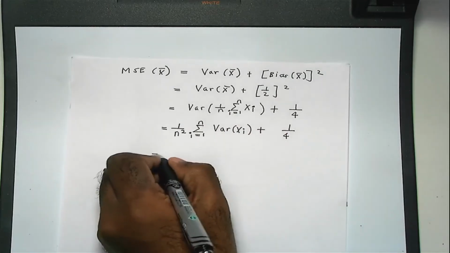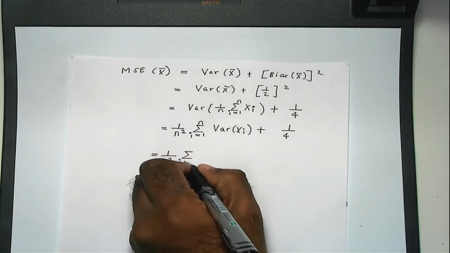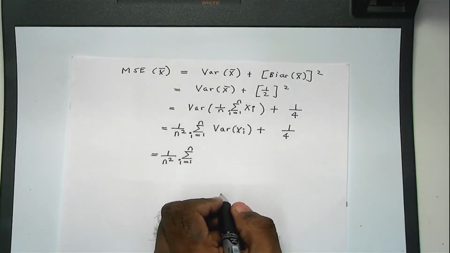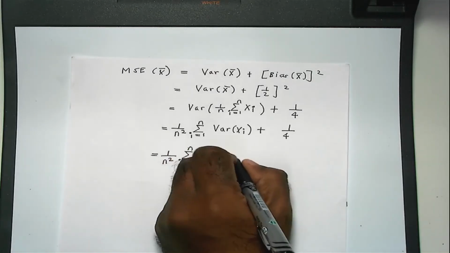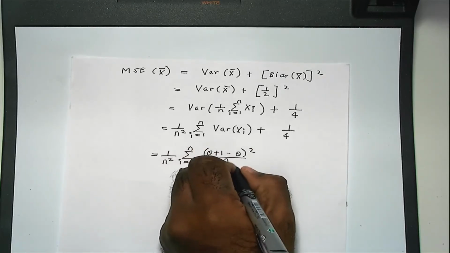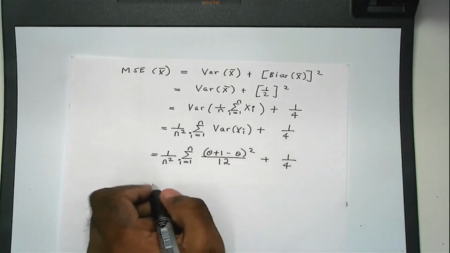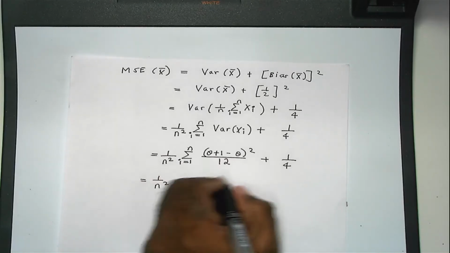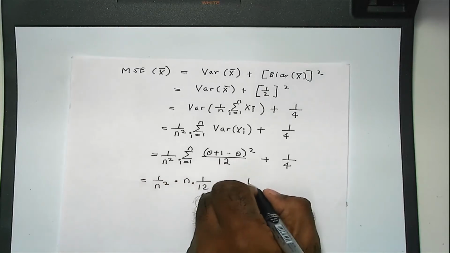Now you may recall the formula for the variance of a uniform distribution is b minus a squared divided by 12. So in this case, your b is theta plus 1 minus a is theta. Okay, so that is 1 over n squared times n times 1 divided by 12 plus a quarter.